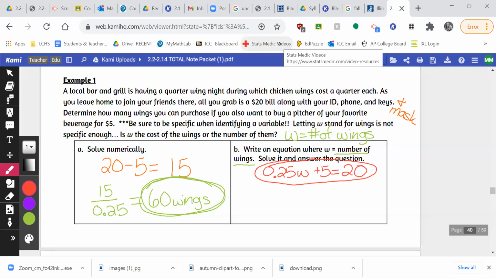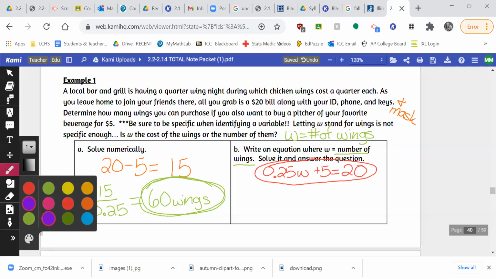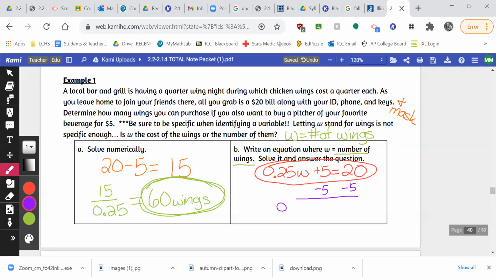To solve this problem, I would first subtract 5 from both sides, and we would have 0.25W equals 15. Divide both sides by 0.25, and we would have 60 wings that way as well.